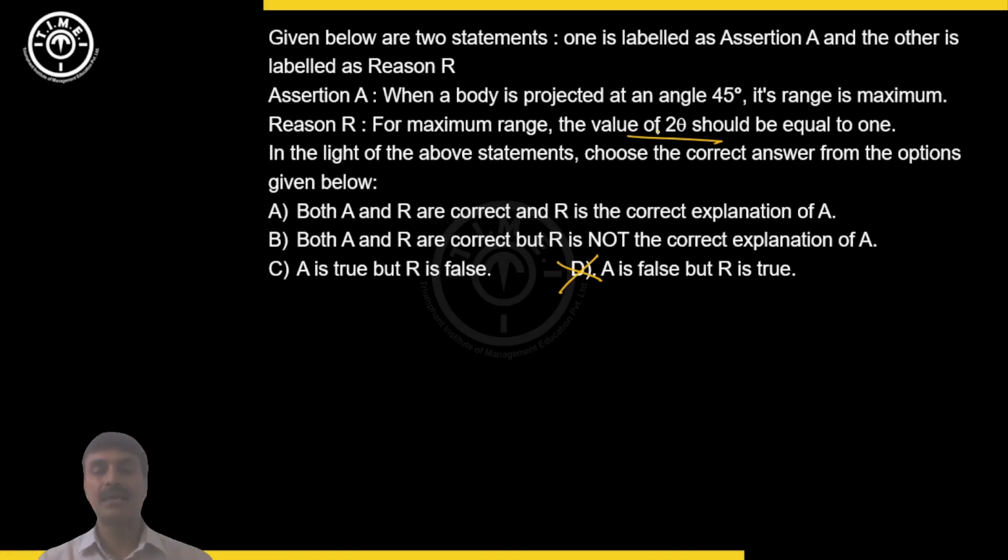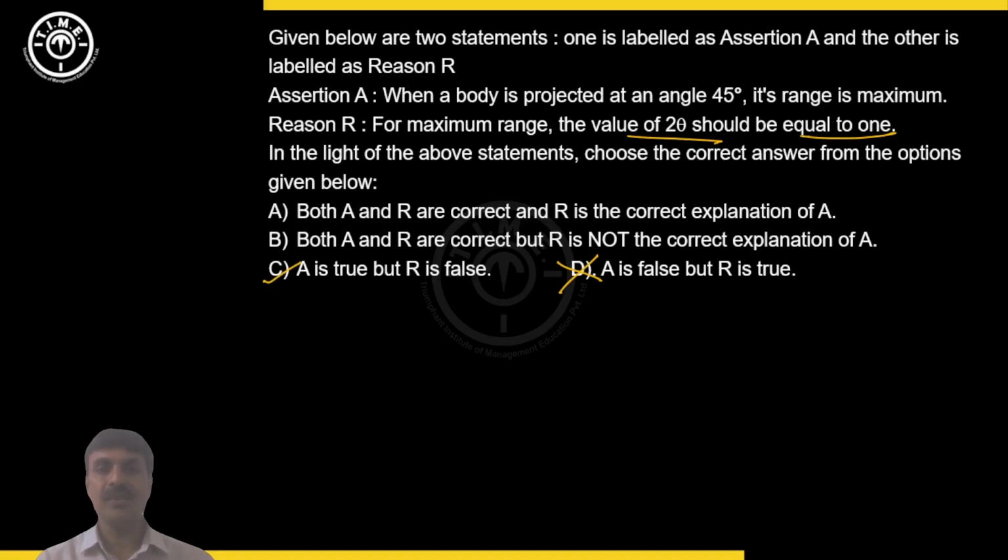If theta is 45, 2 theta would become 90, not equal to 1. So assertion is true, but reason is false. Saying that 2 theta is equal to 1 is false. Suppose if it says sine 2 theta is equal to 1, then it would become correct. So your answer is C in this case.